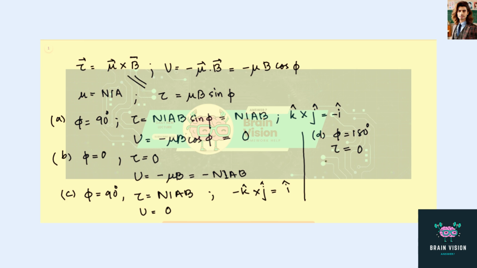And the potential energy is going to be mu b cos of 180 degrees, so this is basically minus 1. This gives the potential energy U to be equal to n I A times the magnetic field, because minus minus becomes plus.